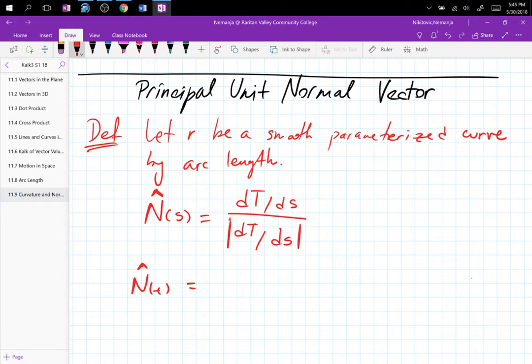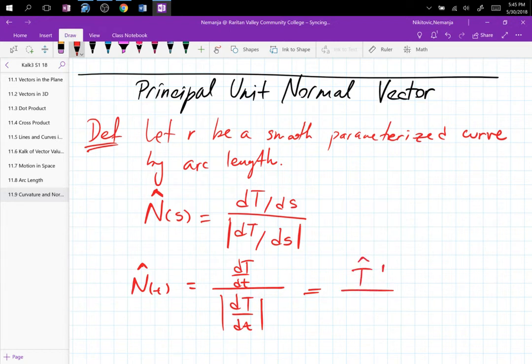So the formula that we are going to use is dT/dt divided by the magnitude of dT/dt, which is easier to write as T prime divided by the magnitude of T prime.